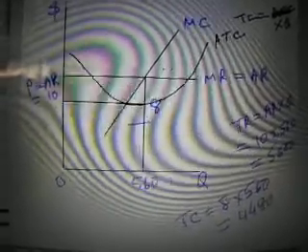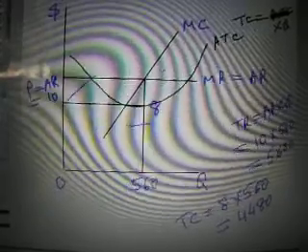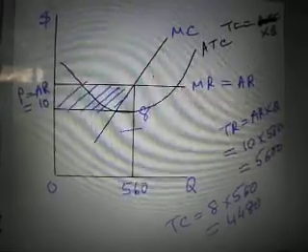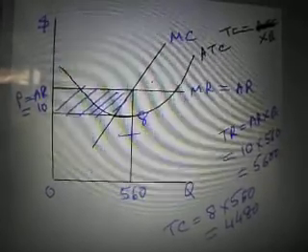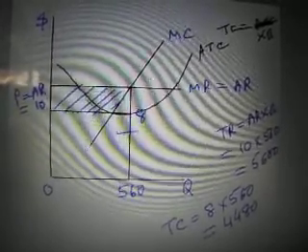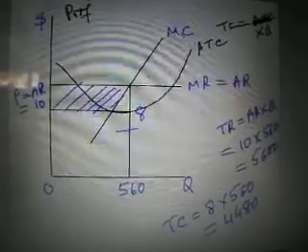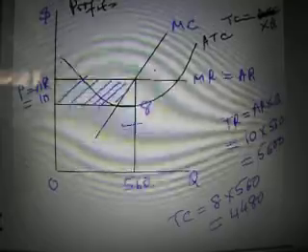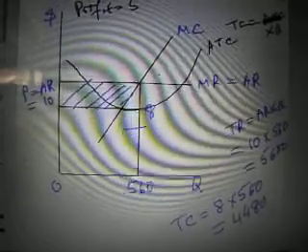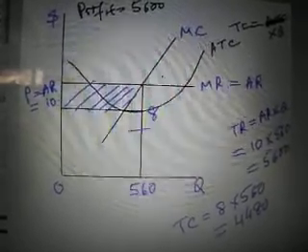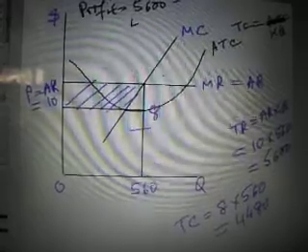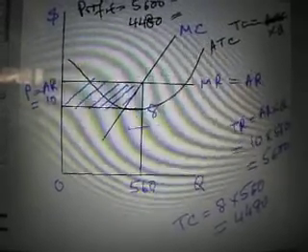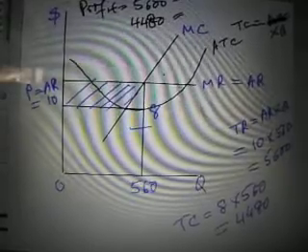4480. So this is the amount of profit for this farm. This rectangle here. This farm made profit. So let's put that in black ink. Profit is equal to then 5600 minus 4480 equal to how much?